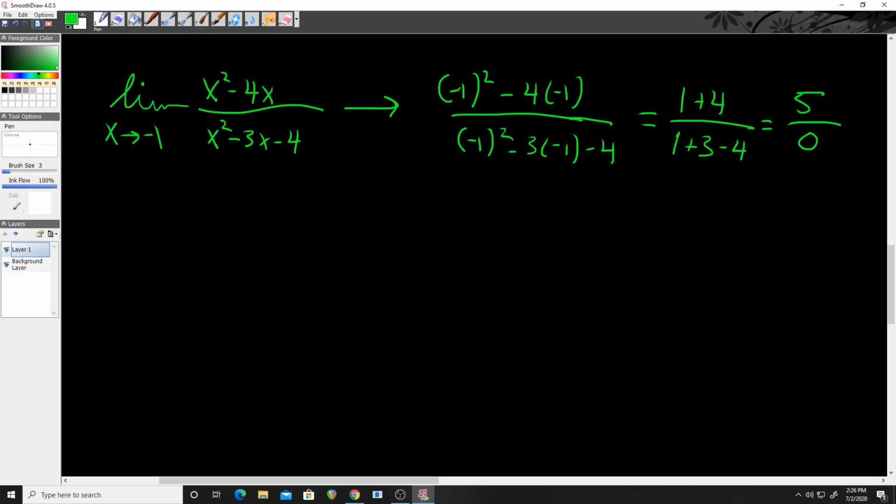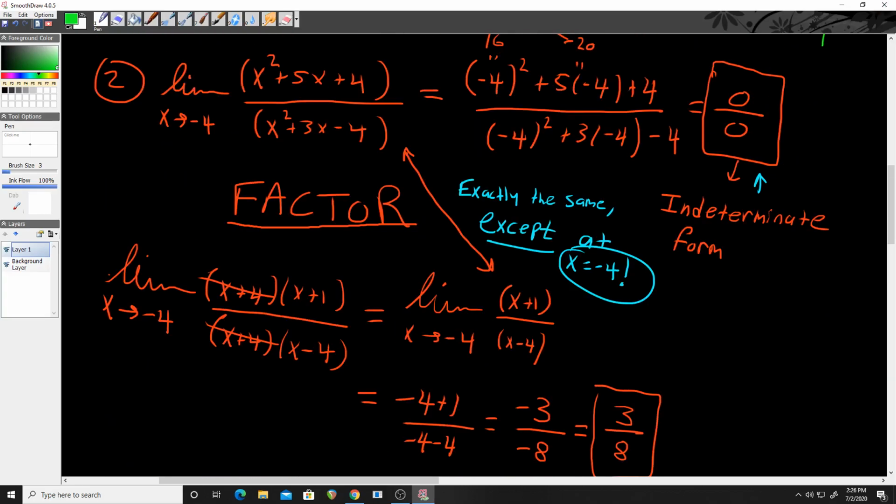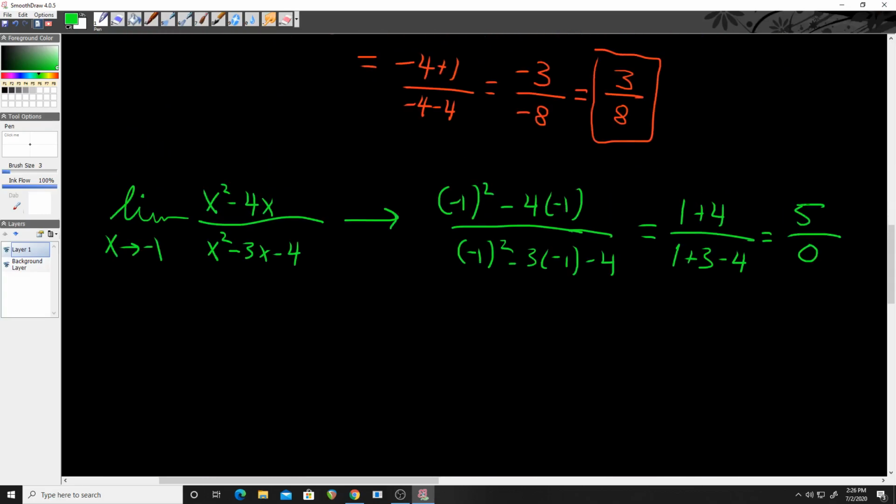This is another good problem. I'll be honest, I was expecting this one to come out differently, but I'm actually glad it didn't, because this is another case. Notice, in the previous problem, we had 0 over 0. That was indeterminate. This is non-zero on top and 0 on the bottom. So this is not indeterminate.